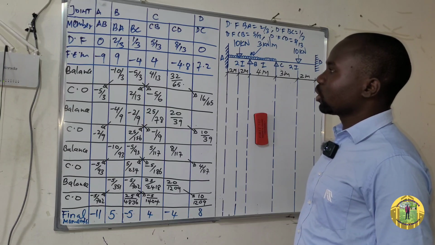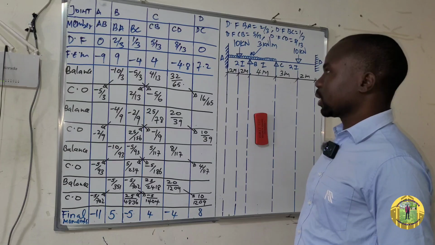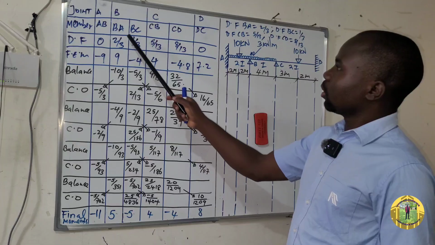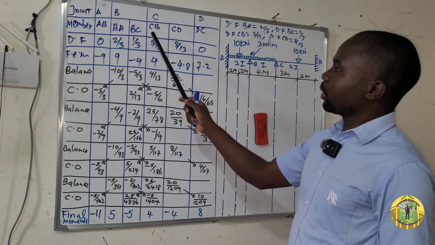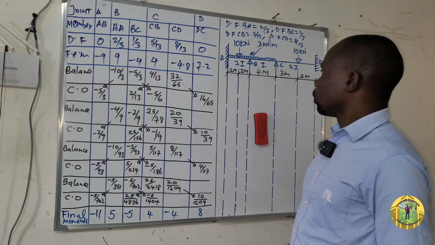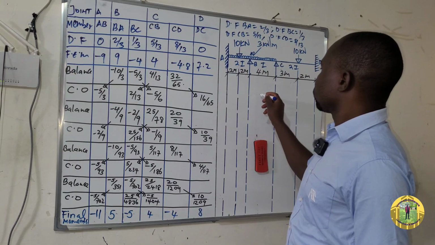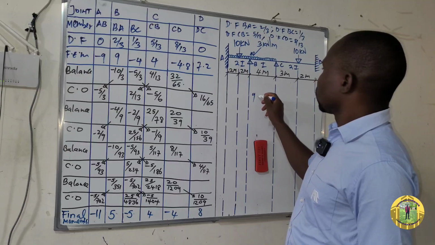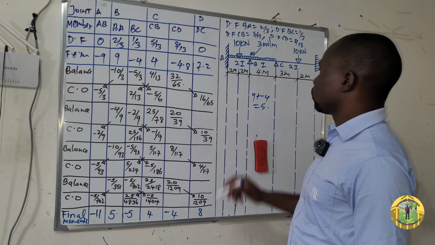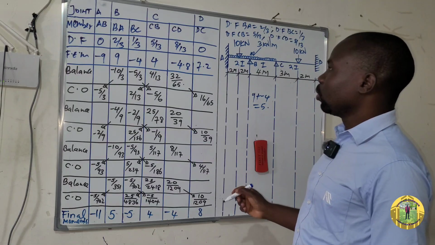But if the answer is not equal to 0, then that joint is not balanced, and therefore you have to balance. So for example, joint B has member BA and BC. So take 9, add to -4. You will get 5. 9 plus -4 is equal to +5. So the joint is not balanced. Therefore, you have to balance.